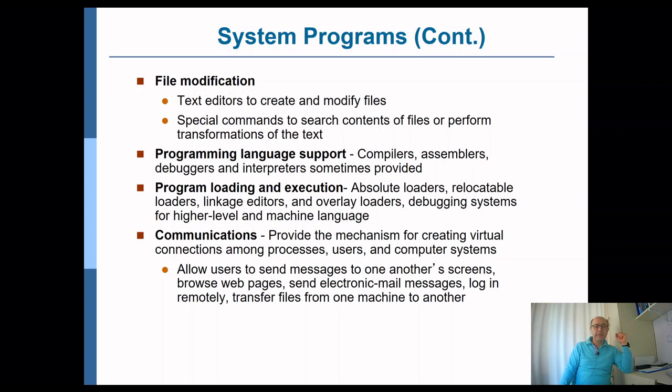We also have system programs for communications between the processes or between the computers. So you can, for example, allow the sender to send messages to another user's screen. You can have a program actually displayed on another user's screen.